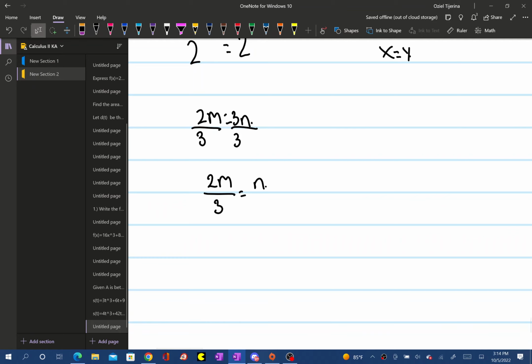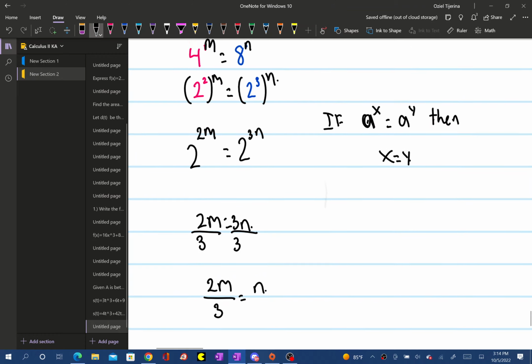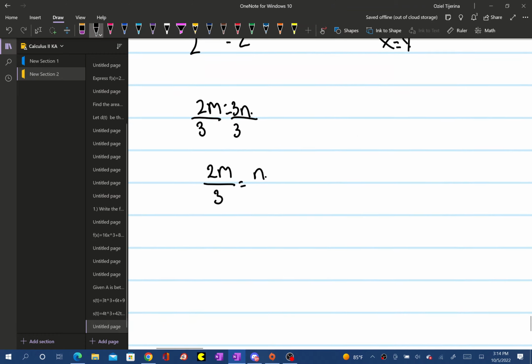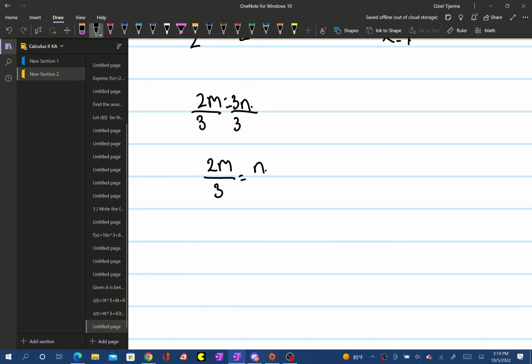If we want to know what m over n is, actually, let's not divide by 3, let's divide by n.